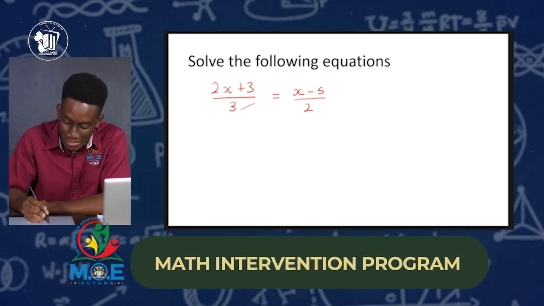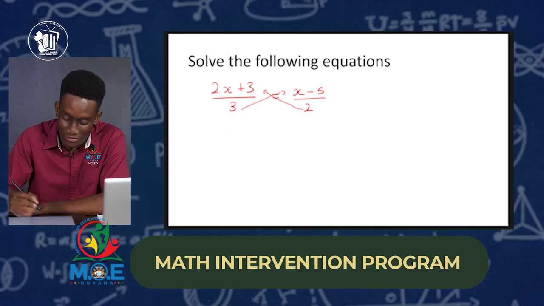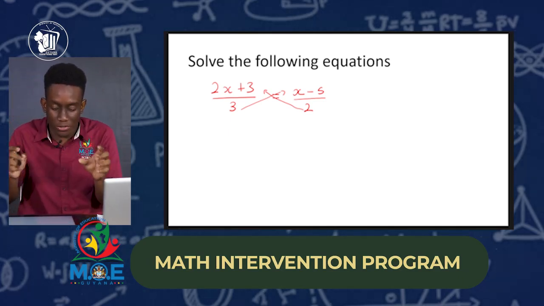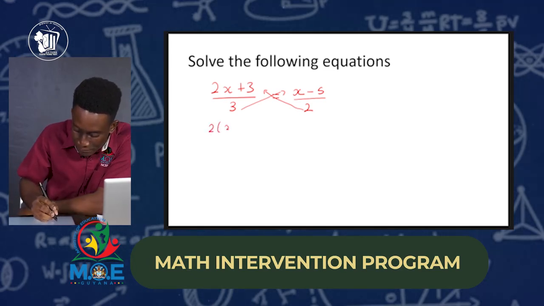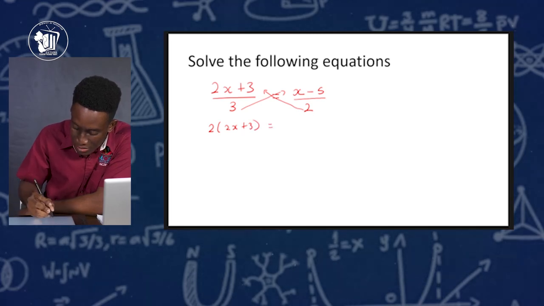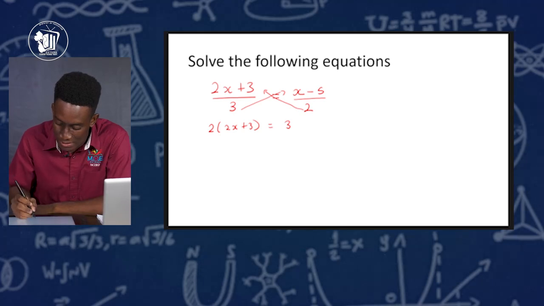So we multiply this 3 by everything on that side, and we multiply this 2 by everything on that side. So let's multiply the 2 by 2x plus 3. So this will be 2 multiplied by 2x plus 3, and that should be equal to 3 multiplied by x minus 5.